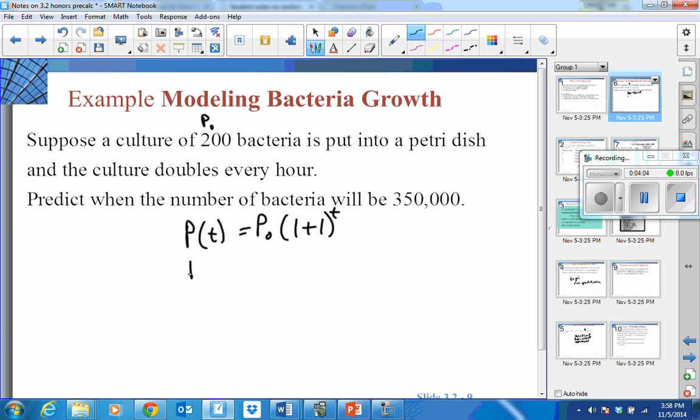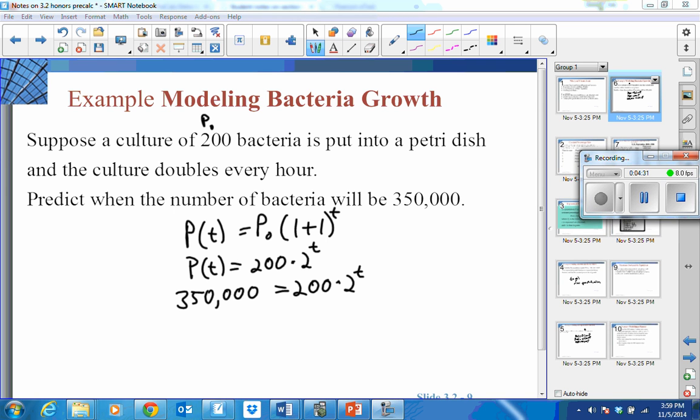So plugging in what we know, we have P of t equals our initial population times 2 to the t power. Now they want to know when the number of bacteria is going to be 350,000. So we're going to plug in 350,000 equals 200 times 2 to the t power. When we divide by 200 on both sides, we get that 1750 equals 2 to the t power.